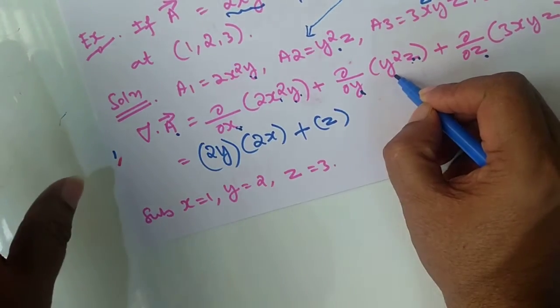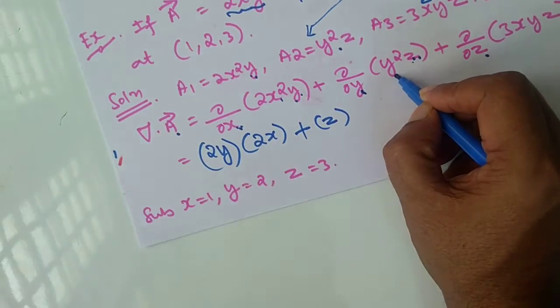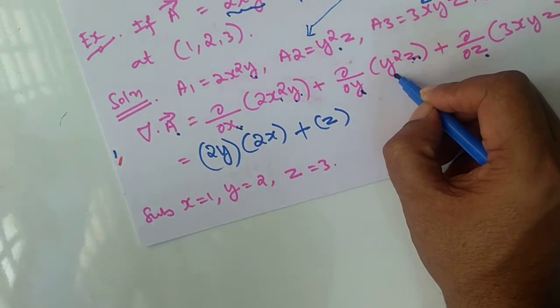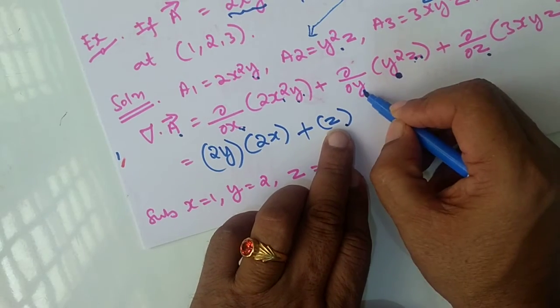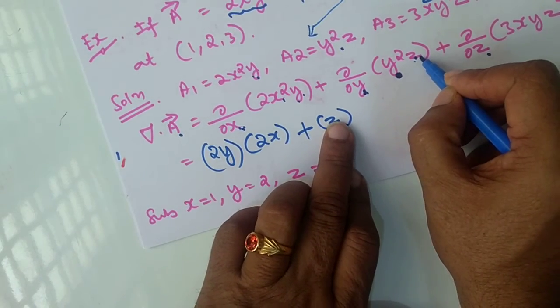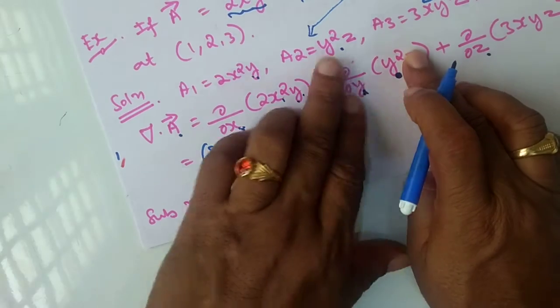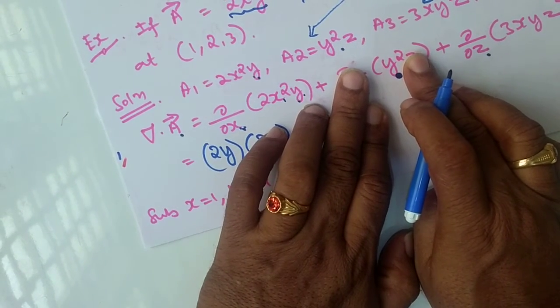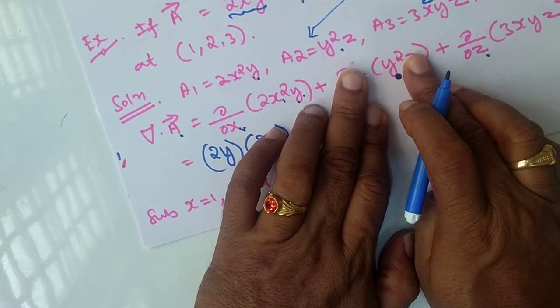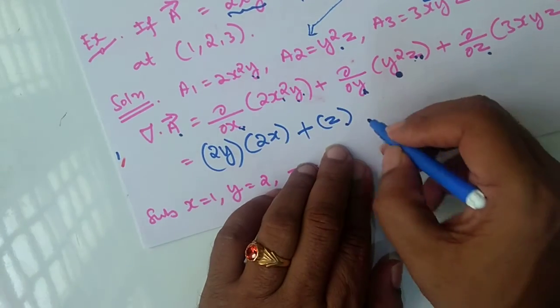I told you several times, once you take the constant outside, do not worry about the symbol, whatever may be the symbol. For example, z I had taken outside. With respect to y, z is constant. Now you are differentiating y squared. It is similar to differentiation of x squared. X squared differentiation, 2x. Similarly, y squared differentiation, 2y.